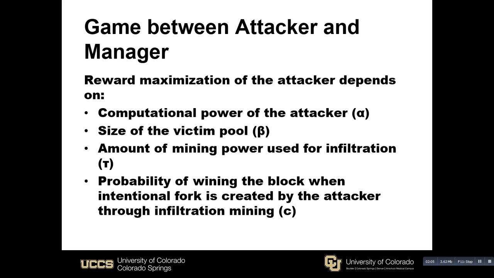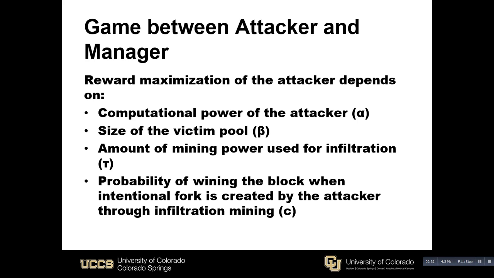The first factor is the computational power of the attacker, that is alpha, and the second factor is the computational power of the victim pool, that is beta. So beta is the computational power without that of the attacker, and the third factor is the amount of infiltration mining power used in the victim pool.